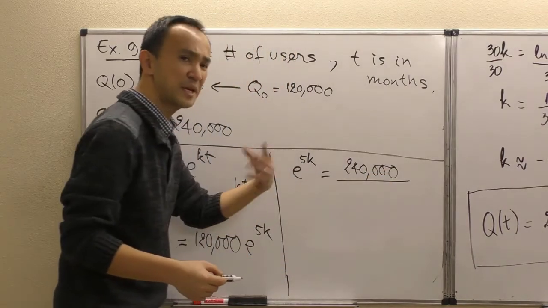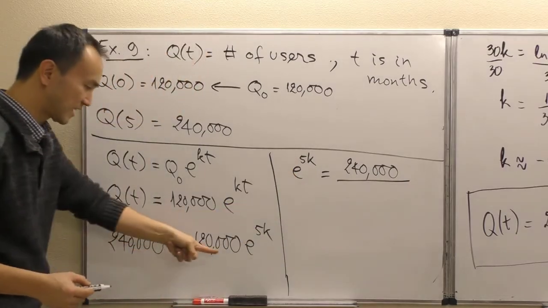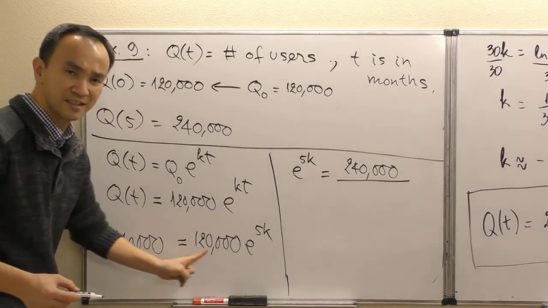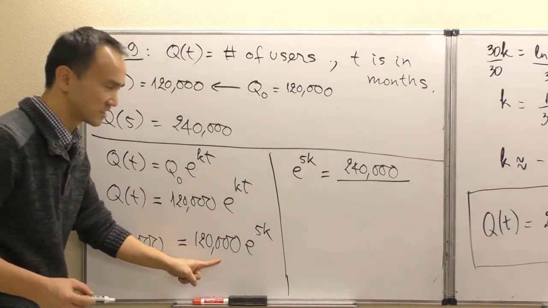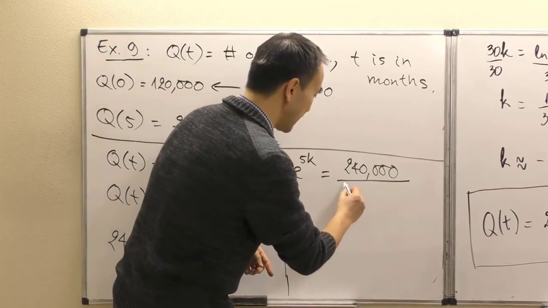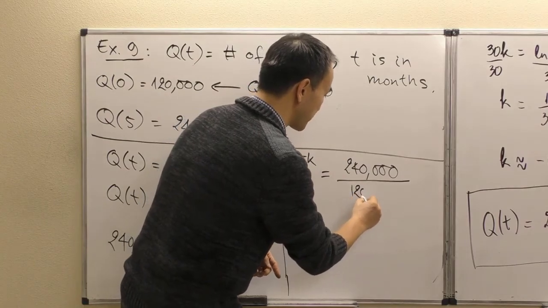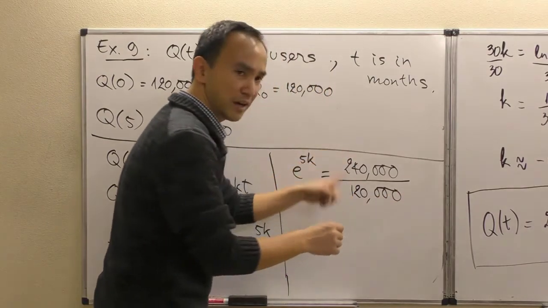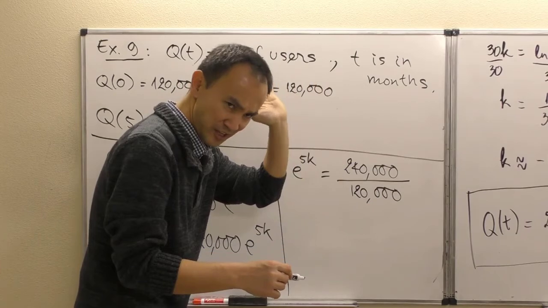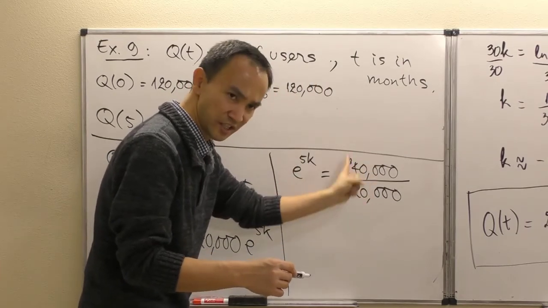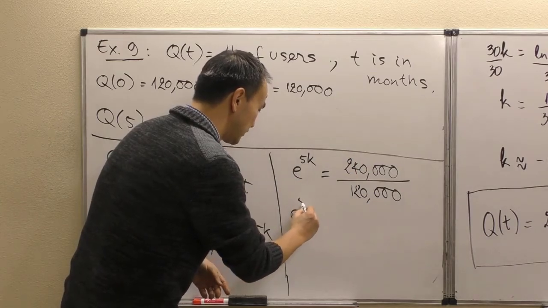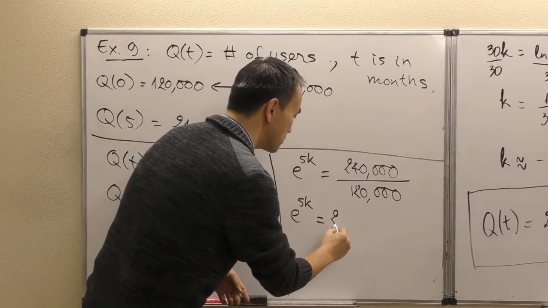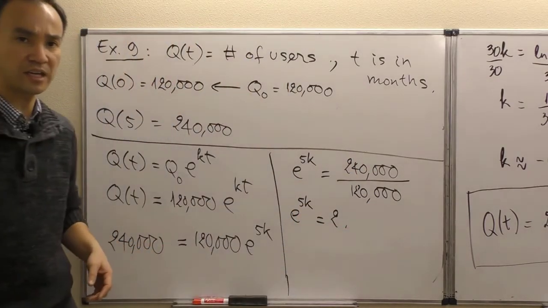Allow me to start speeding up the steps a little bit, because I'm assuming that students are all fluent at this point. In my next step, I'm looking at 240 over 120. Reducing my equation a little further on the right-hand side, I have e to the 5k equals 2. e to the 5k equals 2.